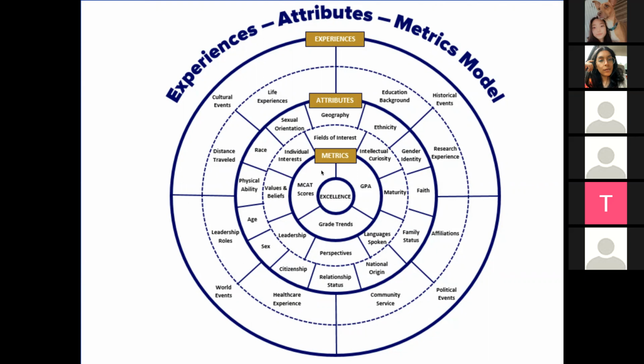It's not that if you don't have this, it makes you unattractive. What we're talking about is identifying the value that people bring to a school. So, for example, if you belong to the LGBTQ community, it's not that if you're not part of that community, you're suddenly unattractive.